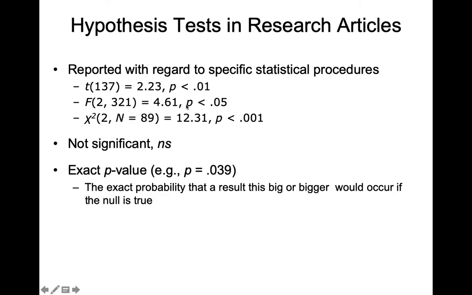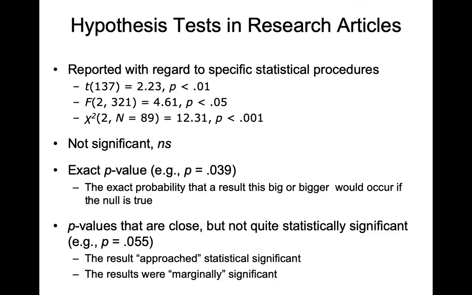So rather than writing probability less than 0.05, which means statistically significant, they're being more precise. What you need to do as a reader is ask, is this probability less than the conventional 0.05? If yes, we have a statistically significant result.